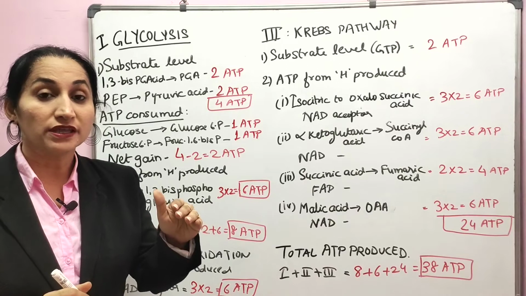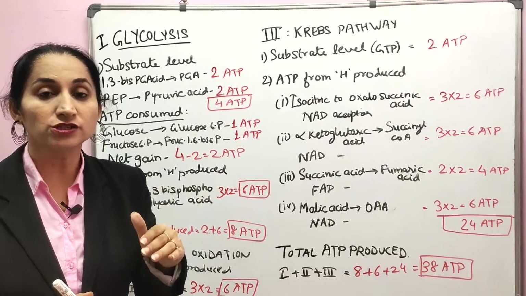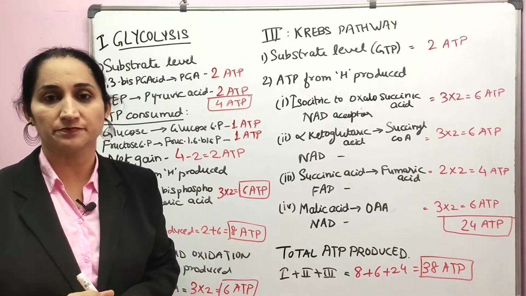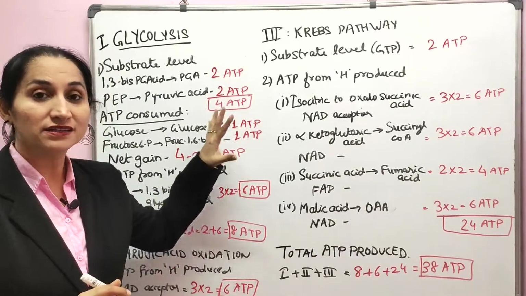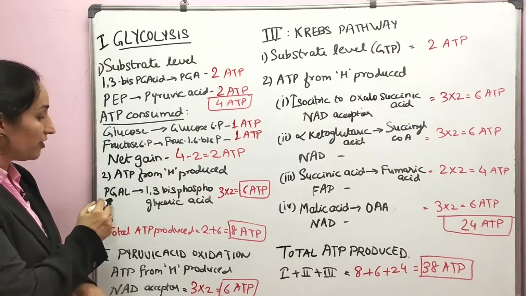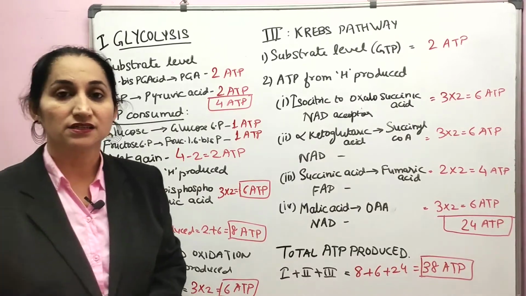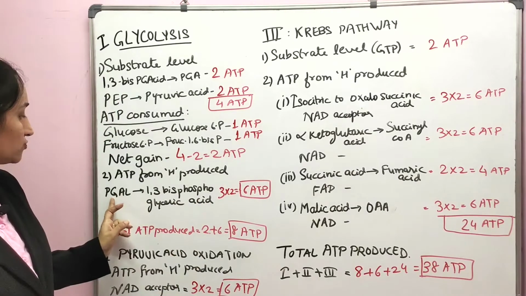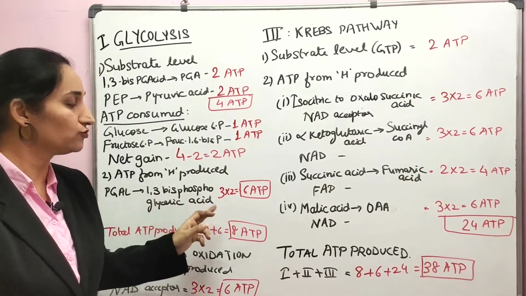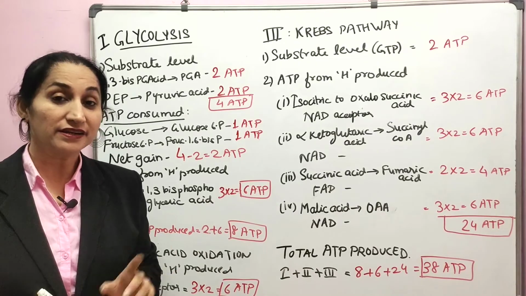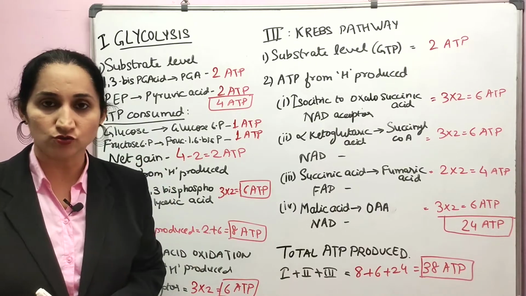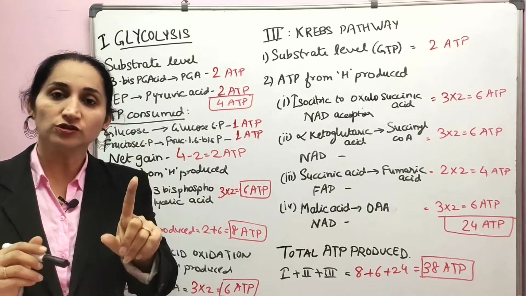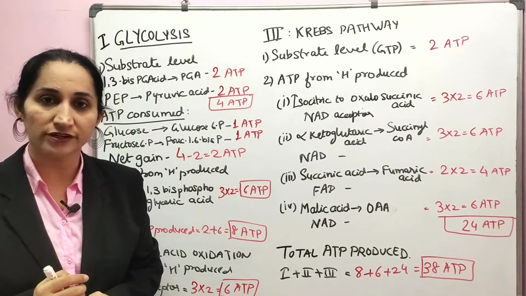Now the ATPs from hydrogen produced and sent down the hydrogen transport system. Let us have a look at that calculation. When phosphoglyceraldehyde gets converted into 1,3-bisphosphoglyceric acid, the first step in the second phase of glycolysis, 2 NADH were produced, and you know one molecule of NADH will form 3 molecules of ATP.